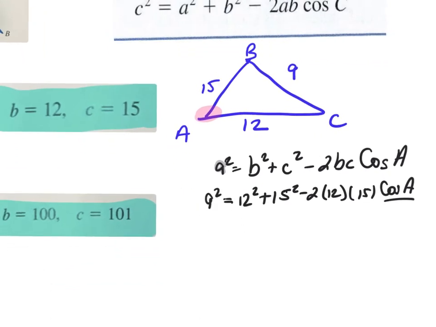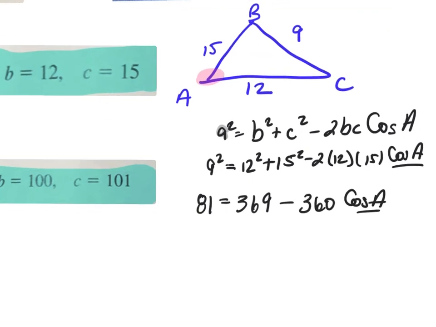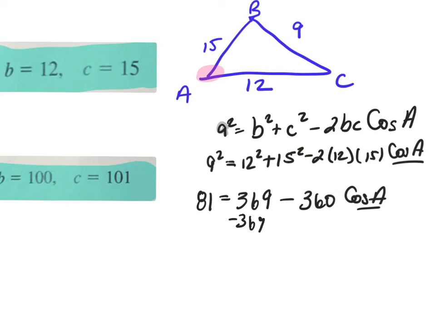So if we simplify everything, 9 squared would be 81, 12 squared plus 15 squared gives us 369, minus 2 times 12 times 15, which is going to give us 360, times the cosine of A. So we'll subtract 369 from both sides.